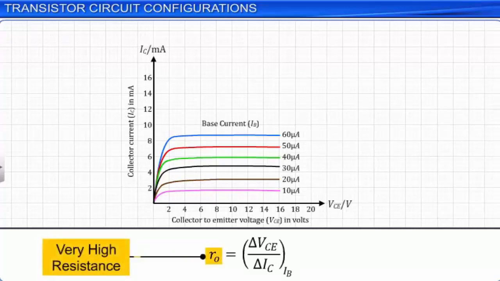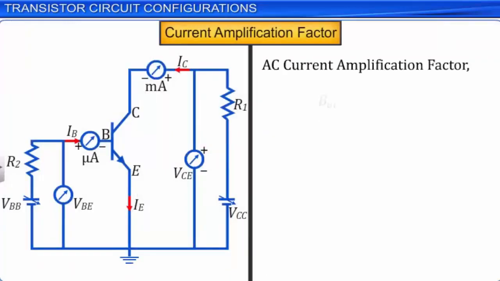The current amplification factor, beta, of a transistor is defined as the ratio of the change in the collector current, delta IC, to the change in base current, delta IB, at a constant collector emitter voltage, VCE. The AC current amplification factor is also known as the small signal current gain.